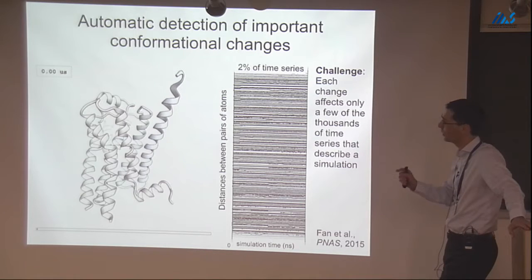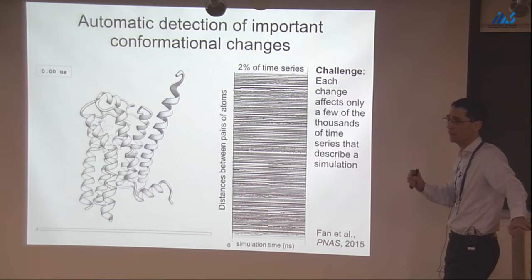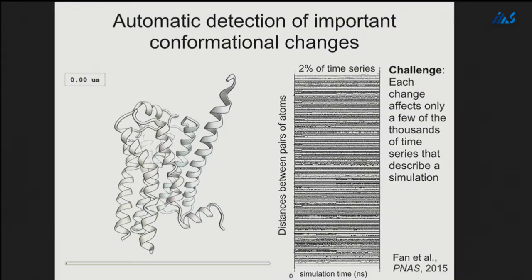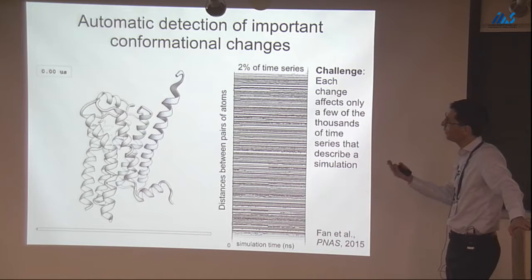So the question we were looking at is how to automatically detect important conformational changes in a simulation. For example, the detailed conformational changes involved in G protein activation. One way you might approach this is using change point detection.